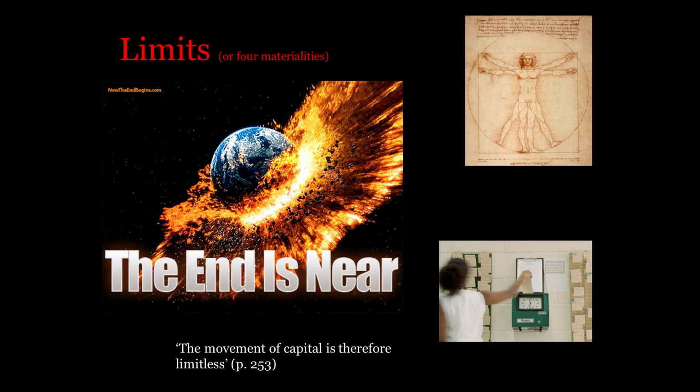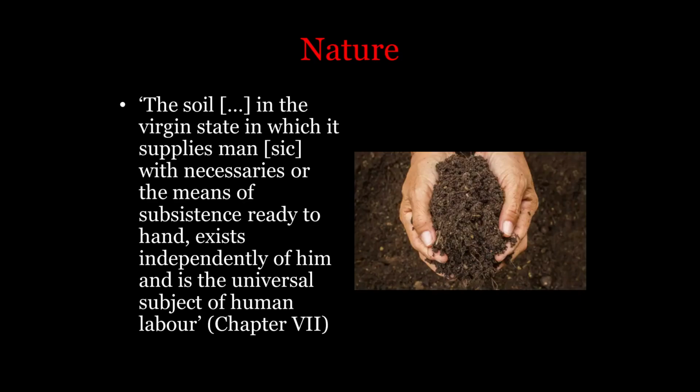So 4 materialities. The first of these is nature. This slide gives you a quotation from something that's not from this week's reading, that's moving into chapter 7. We've touched on nature quite a lot throughout this module so far in relation to Darwin, and also a little bit last week in relation to Kropotkin and Galton as well.